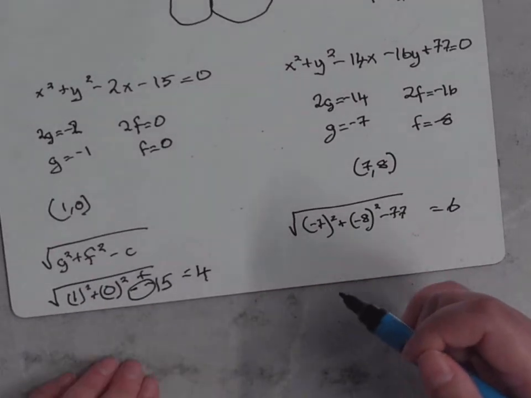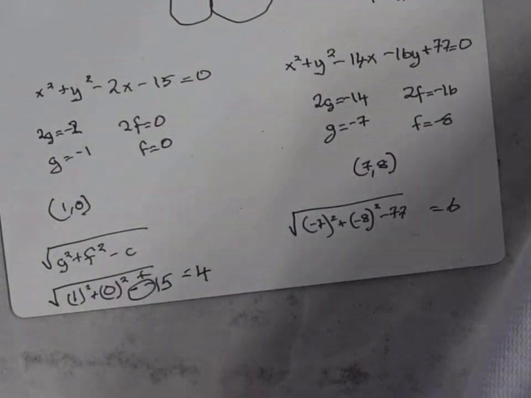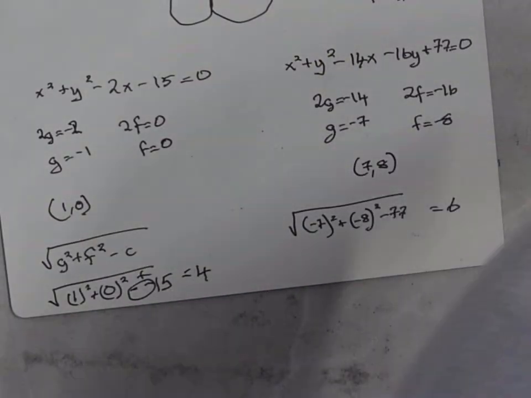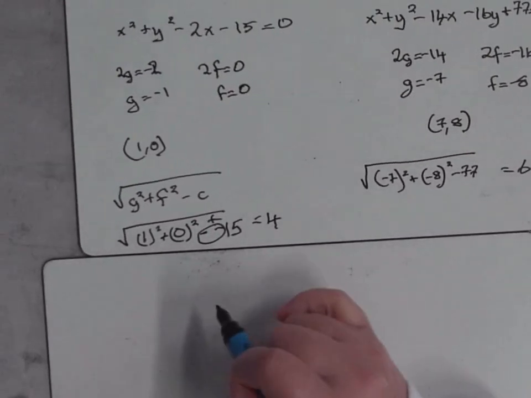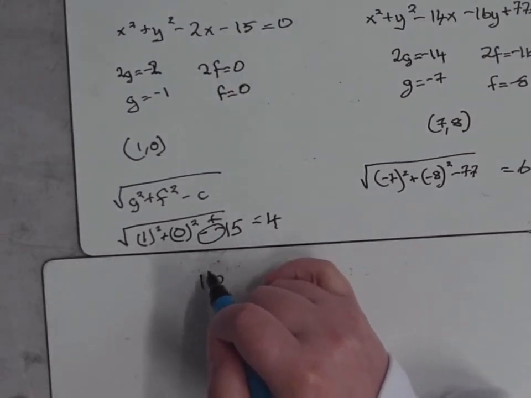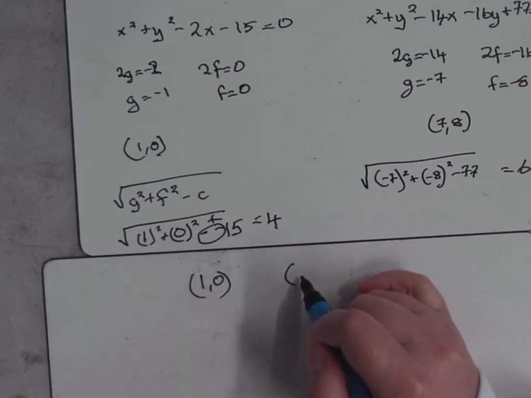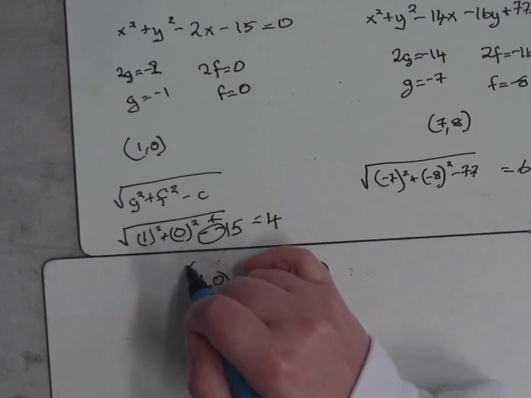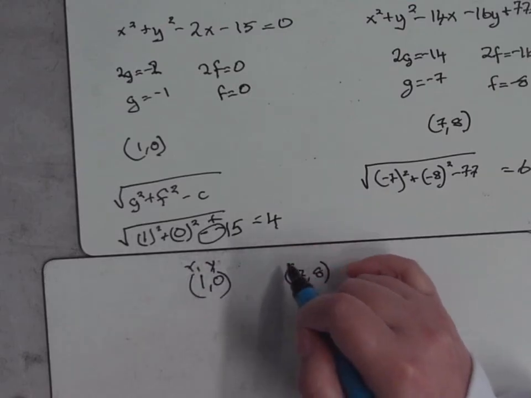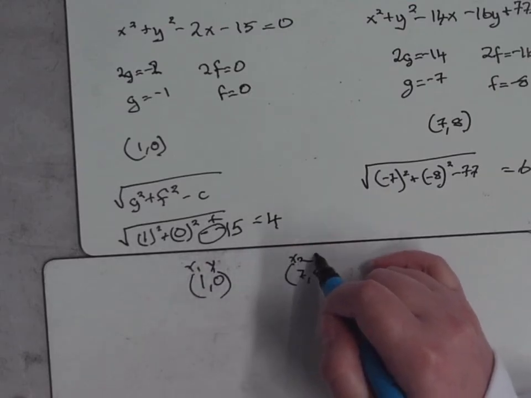Right, now I have to get the distance between their centres. So I have to use the distance formula to get the distance between their centres. Okay, so the centres are (1, 0) and (7, 8). So I'm going to call this one x1, y1, x2, y2.